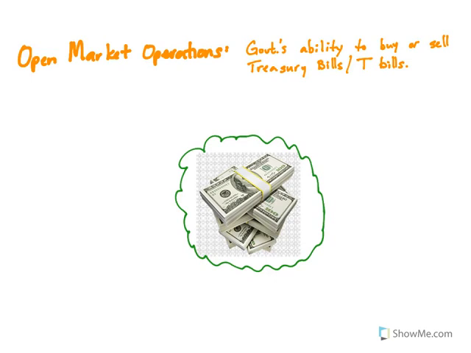The government has two options in open market operations. They are either going to buy treasury bills or they're going to sell treasury bills. So the concept is pretty easy to consider.